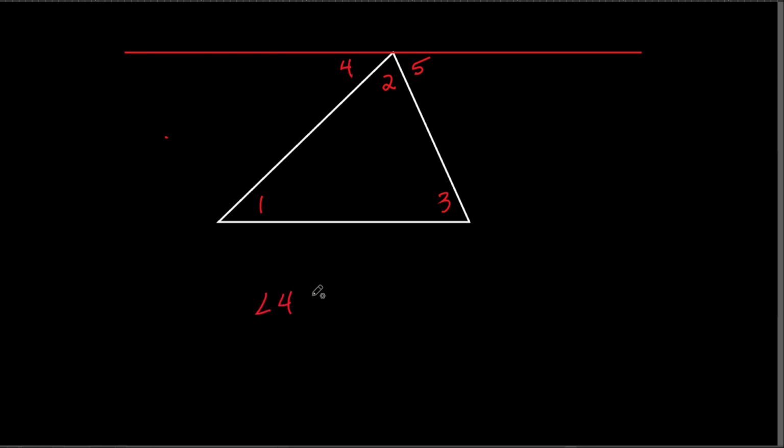Angle 4 plus angle 2 plus angle 5 equals 180, okay? Now, see this red line right there? I drew that red line specifically so that it's parallel to this line down here. So how could I show that? Put a little arrow here and a little arrow here.